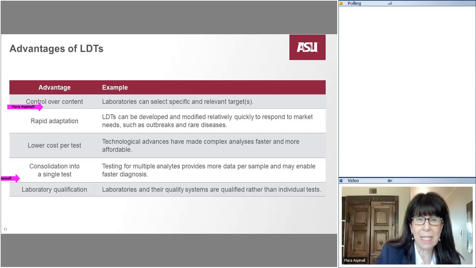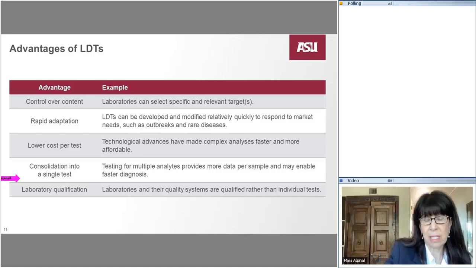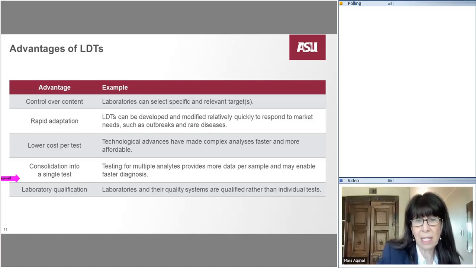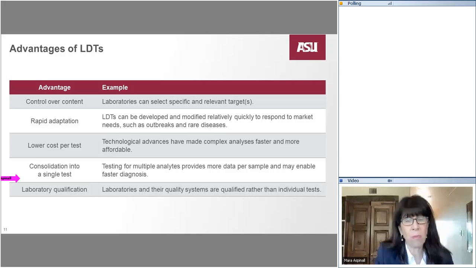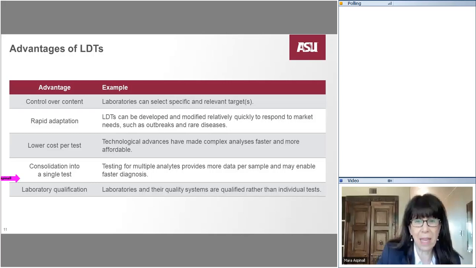What that means is, let's say, this happened in the prenatal area. There were a number of different IVDs, but with a precious small sample, because you don't want to get too many samples, whether that would be from amniotic fluid or blood, you create an LDT from existing IVDs. So it gives you the opportunity to put multiple analytes together and enable potentially a faster diagnosis.